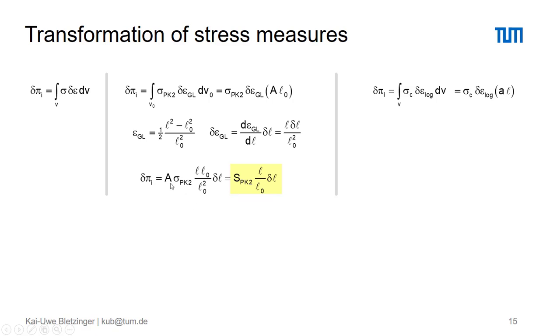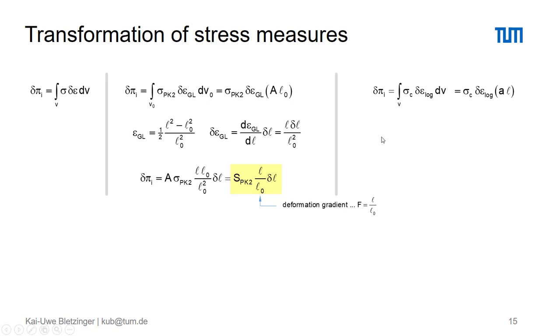What remains is A times sigma, which is the force, in this case the Piola-Kirchhoff force of second kind, and the ratio L over L0 times the variation of L. And we observe again, the deformation gradient just pops up. That is really one of the basics of nonlinear continuum mechanics, that everything at the very end can be reduced to these ratios of deformed and undeformed configuration, in terms of the deformation gradient.